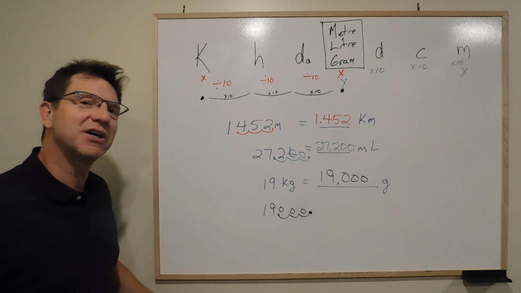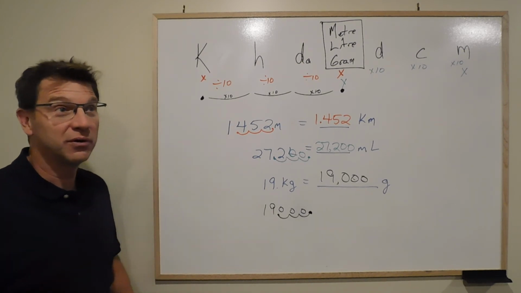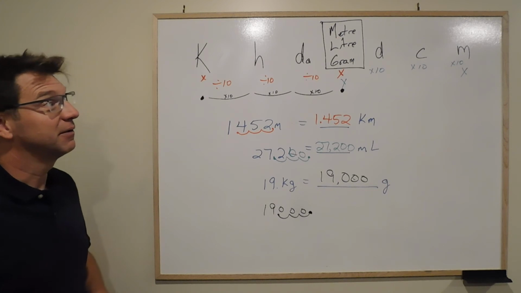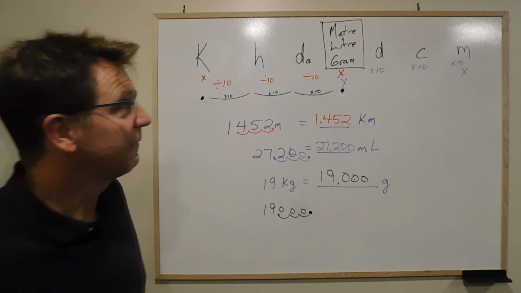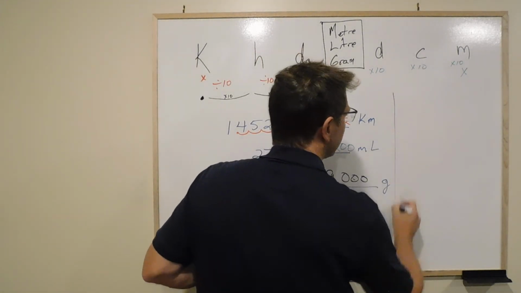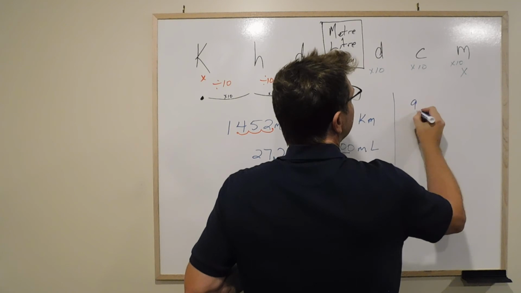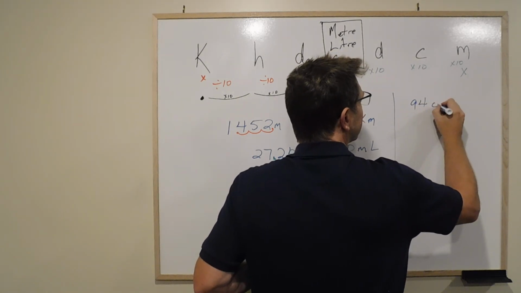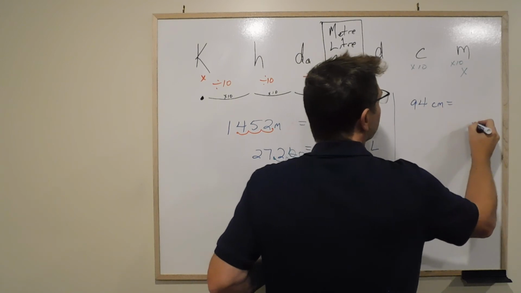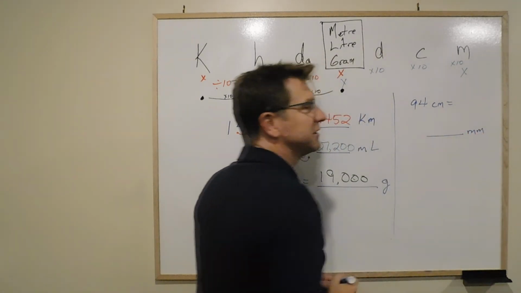Now you may be asking, do I always move 3 decimal places? The answer to that is no. That's most common, but we'll do one more example. What if I had 94 centimeters, and I want to know how many millimeters that is?